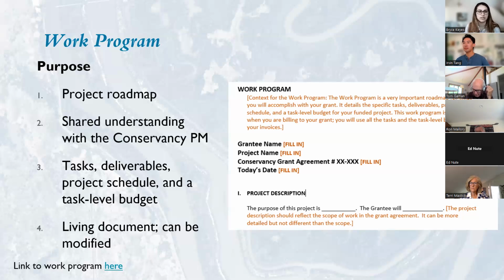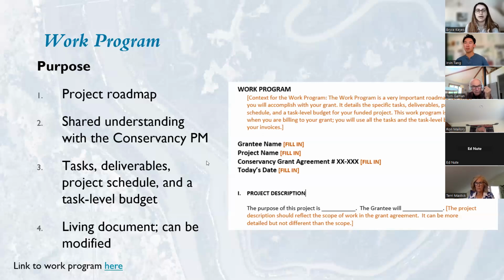Those are a few examples, but just keep in mind as you're writing the work program, especially trying to identify your deliverables, it should be something that you can email to your project manager. So it would not be installing 50 native plants. It would have to be photos of the installation process or photos of the plants actually in the ground.